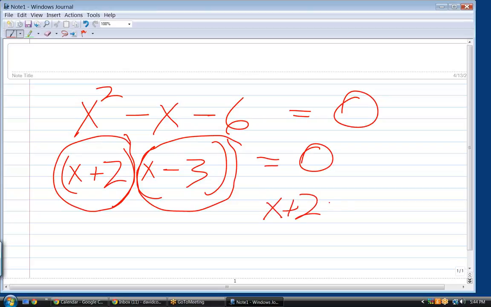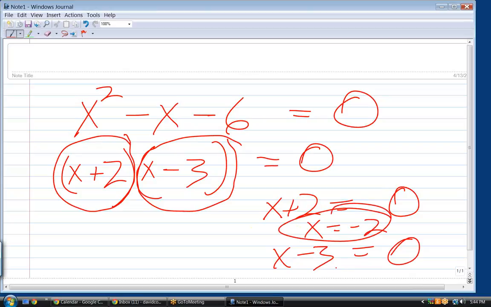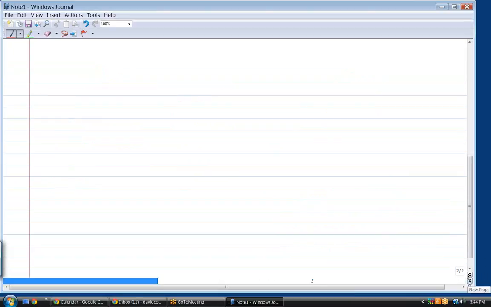I'm going to set x plus 2 equals 0. I'm going to set x minus 3 equals 0. I'm going to solve each one. x equals minus 2 is one solution. x equals 3 is another solution. Okay? Let's take another simple one.